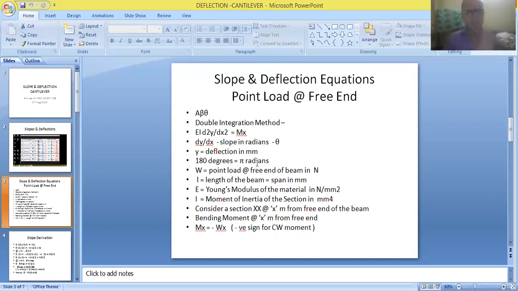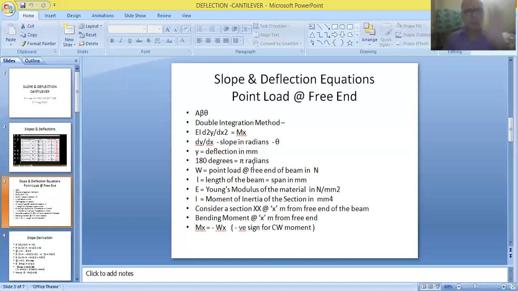Using this relation, we can convert the value either from degrees to radians, or from radians to degrees. So this is a wonderful equation which indicates the relation between degrees and radians.